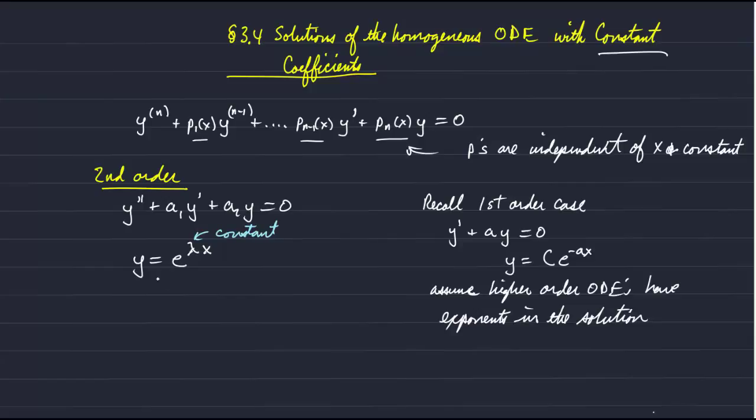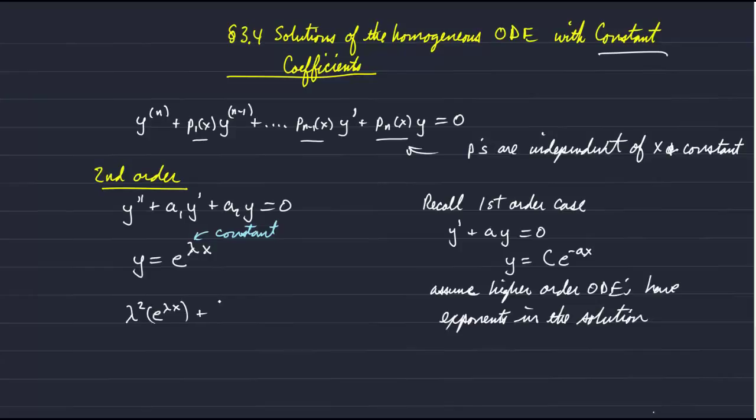And if we plug this into our equation, we see that y prime will be lambda e to the lambda x, and y double prime will be lambda squared e to the lambda x.